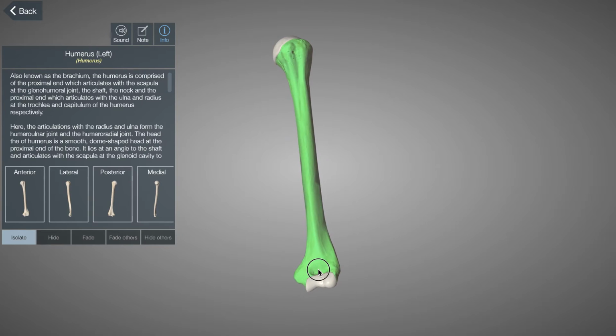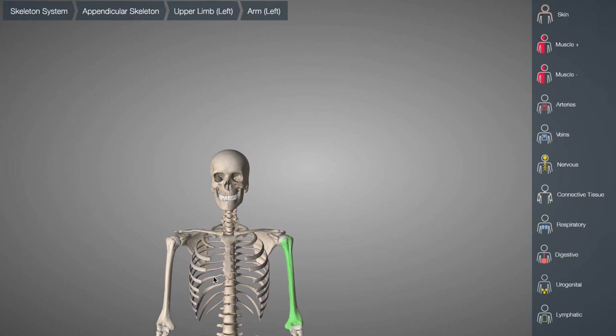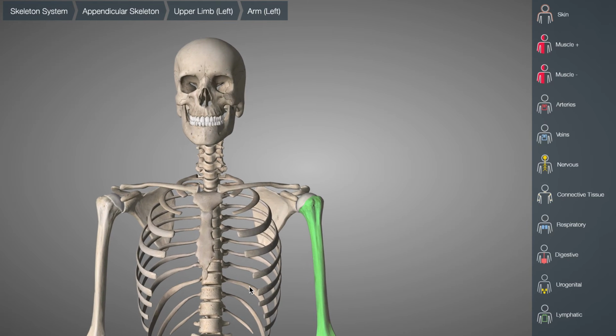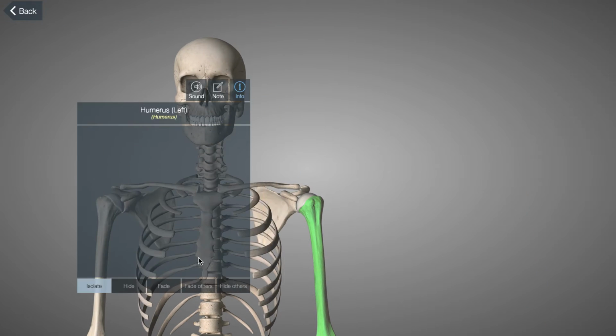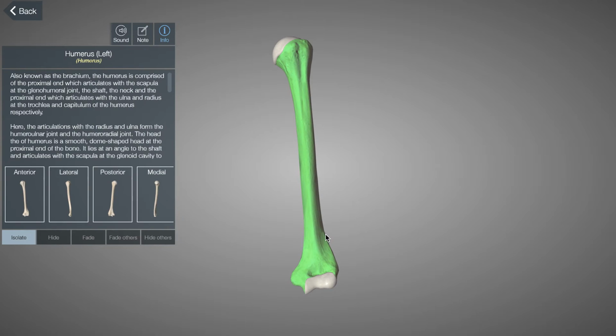We'll go ahead and look at the anterior view of the humerus. So anterior, that's going to be kind of like as opposed to posterior. If we look at the anterior side, you'll see that there's this hole over here that's called the coronoid fossa. Okay, and then right next to it, it's a little bit smaller.